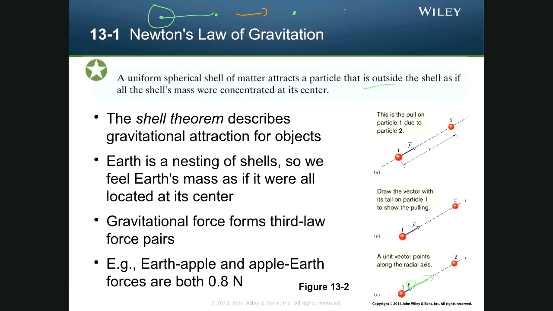And then we have the mass the same distance away. So we'll call that D, D. And these are equivalent problems. All right? That's if the particle 2 is outside the spherical shell. If it's inside, it's a little harder, but it is not completely unmanageable.